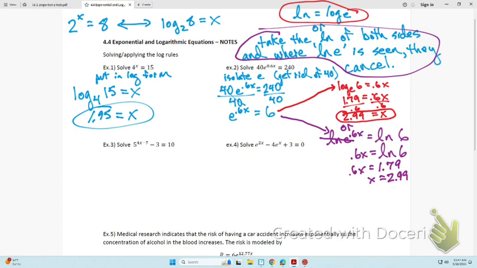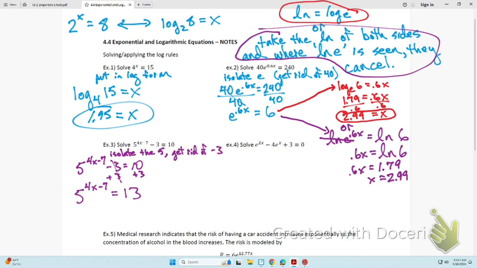On number 3, we need to isolate the 5. In other words, get rid of -3. So I'm going to add 3 to both sides. And now the 5 is isolated. Now treat it just like number 1.